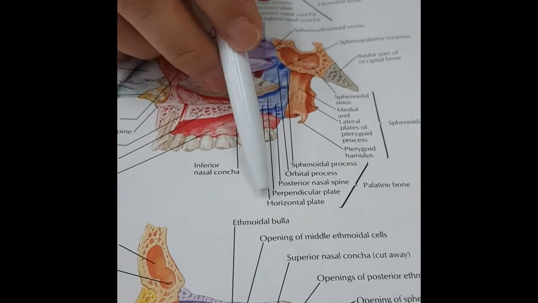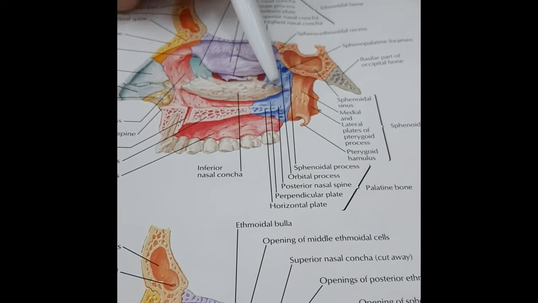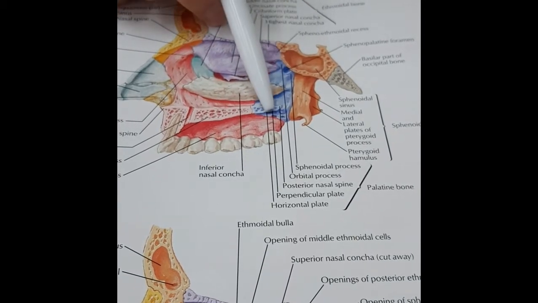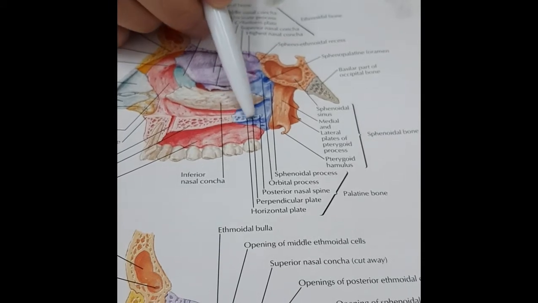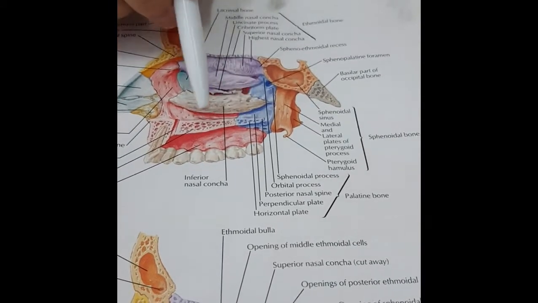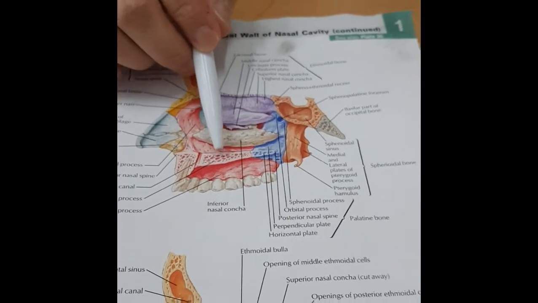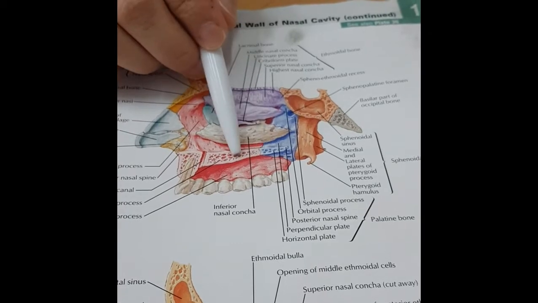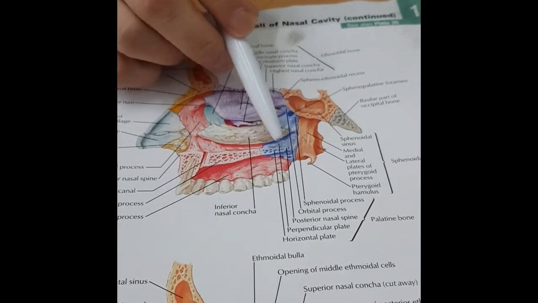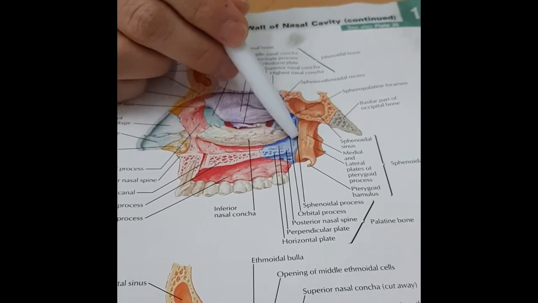Horizontal plate and perpendicular plate. The horizontal plate takes part in the formation of the hard palate, and it connects with the palatine process of the maxilla. And the perpendicular plate forms the lateral wall of the nasal cavity.